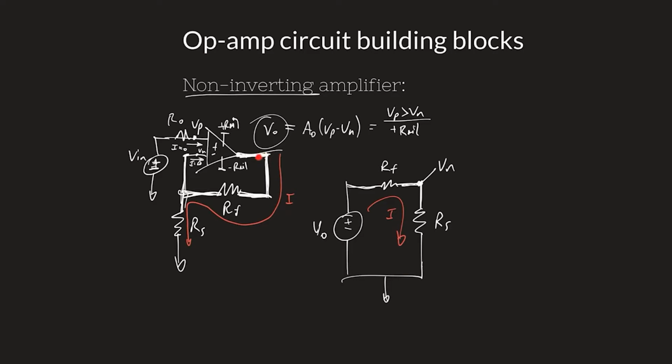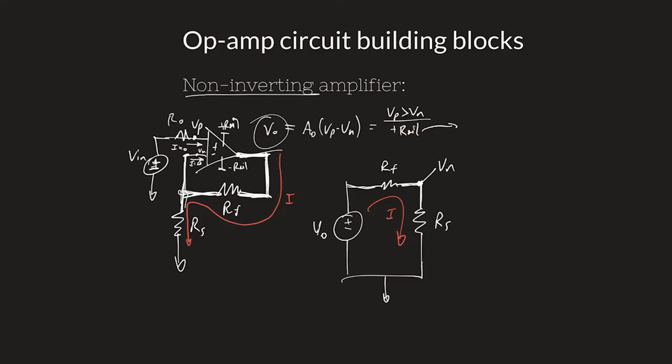Because this high voltage here being fed back increases Vn to now be bigger than Vp. So the assumption was Vn was smaller than Vp. Because Vn was smaller than Vp, we hit our positive rail.